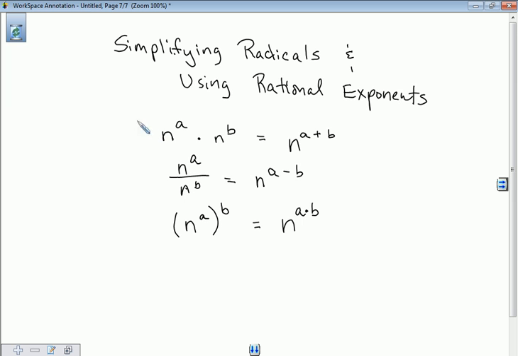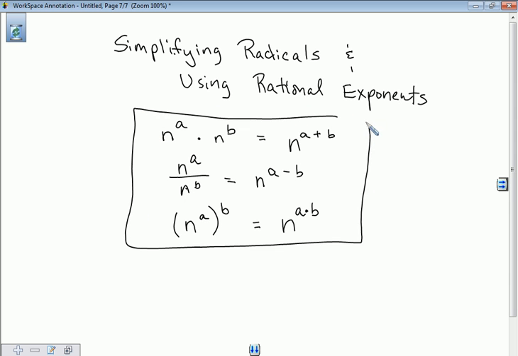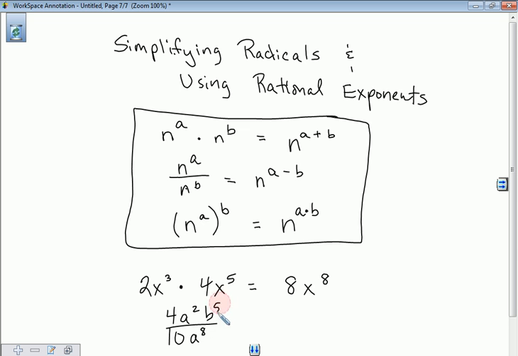Okay, so this is old stuff. We used this last year. We did things like this. 2x cubed times 4x to the 5th would be 8x to the 8th. We did things like 4a squared b over 10a to the 8th, let's make that 5.